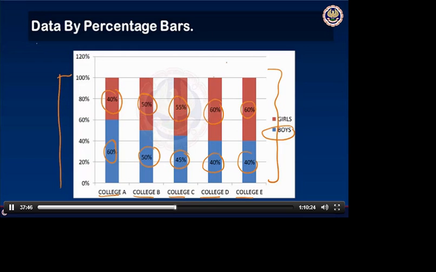So college D girls are more, college E girls are more. And then we have in this college also 55% are girls. And this represents their equal set of students, 50-50. But in this college, the number of boys outnumber the girls. So this gives you a pictorial graph of the number of students between girls and boys and representing their percentages. So this is a data which represents the percentage bars.